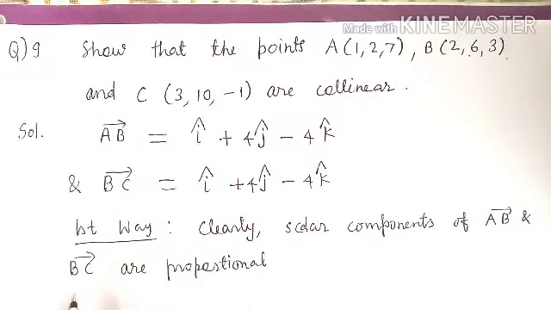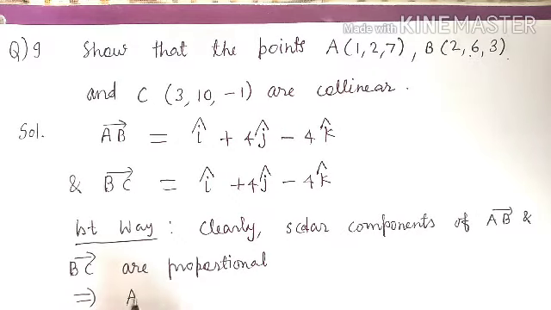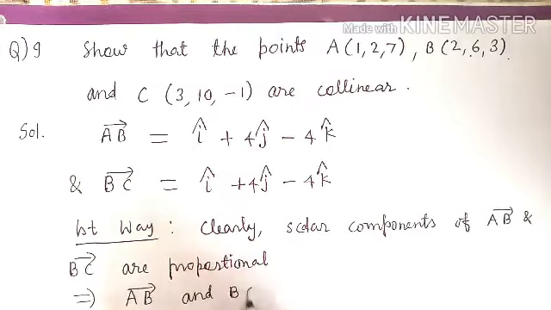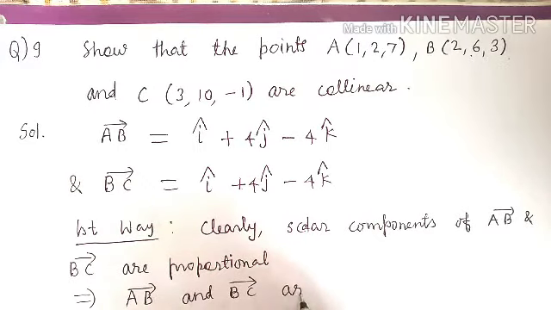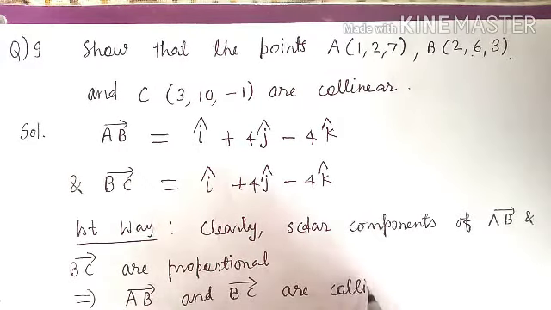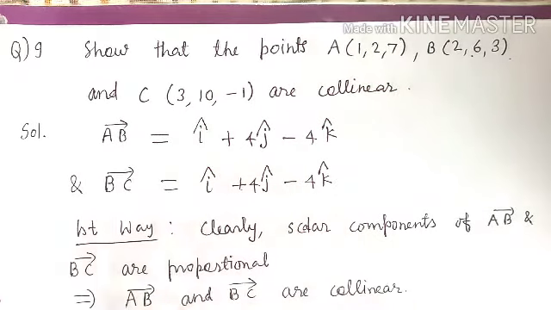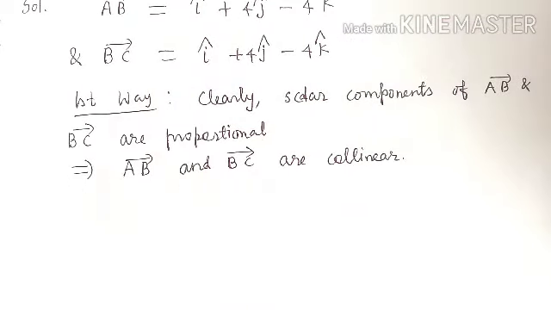That implies that vector AB and vector BC are collinear. We know that two vectors are collinear if they are parallel to the same line irrespective of their magnitudes and directions.